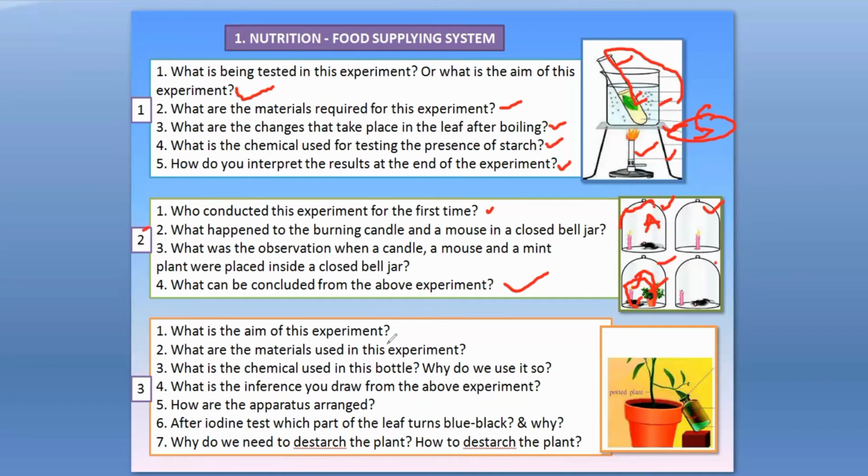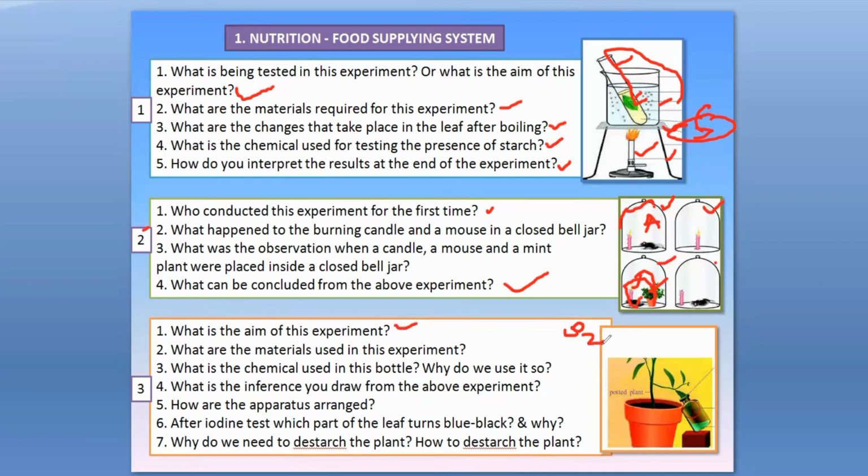Next, the third one: what is the aim of this experiment? When we see this picture, the main aim of this experiment is to show that CO2 is essential for photosynthesis.